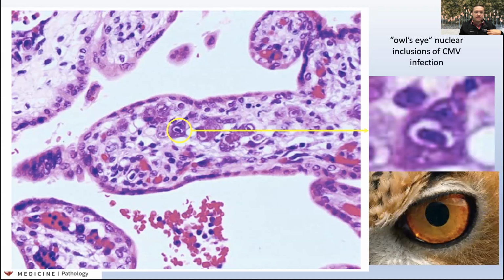And so sometimes before we do any special studies, if in our regular placental examination we see these, we can say, hey, we think that there's a very high chance that there is CMV or cytomegalovirus infection.